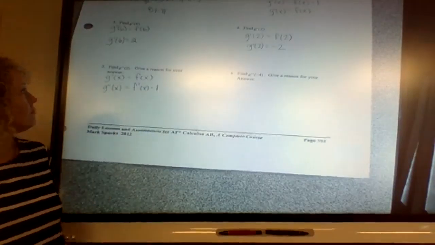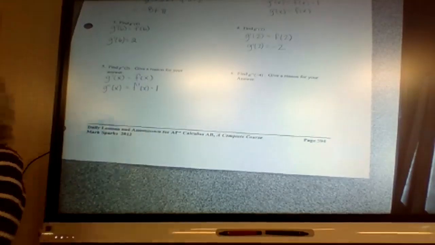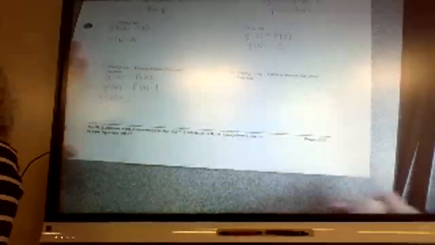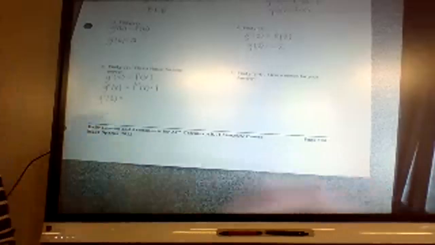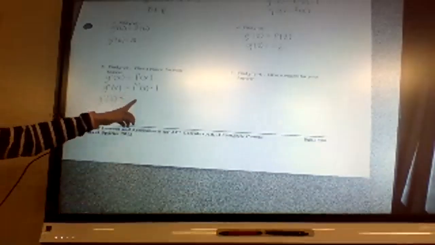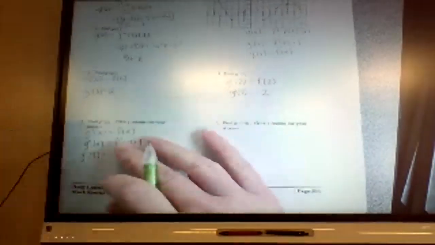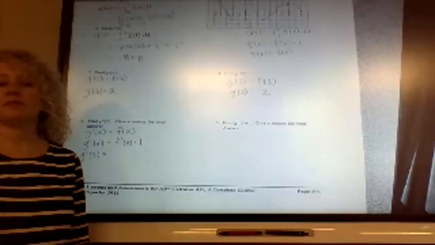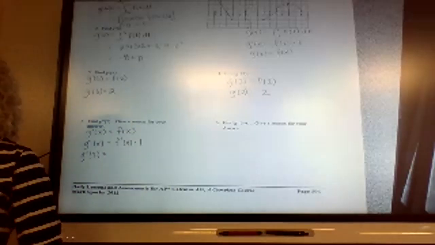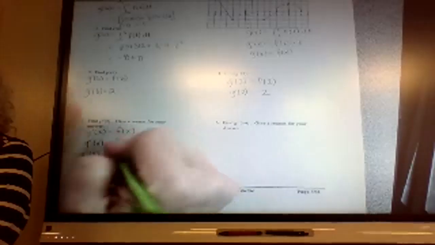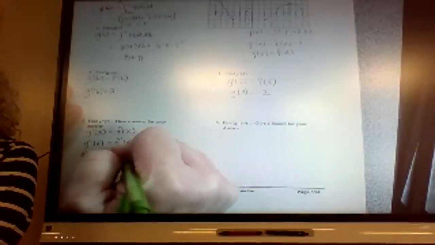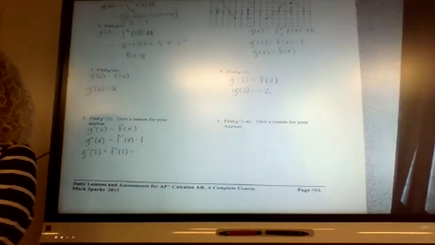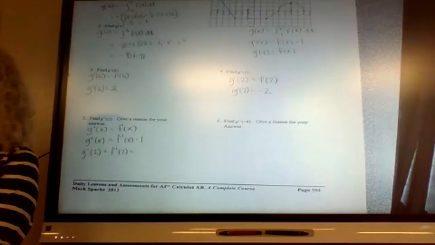And then, okay, so g double prime of 2, what's f prime of 2? Can you find a slope at 2?